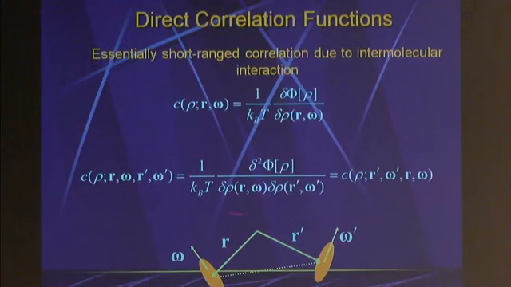And this is the second direct correlation function, two-point r omega, r prime omega prime. And because you can change the order of differentiation, there is a symmetry in terms of the change of variables.